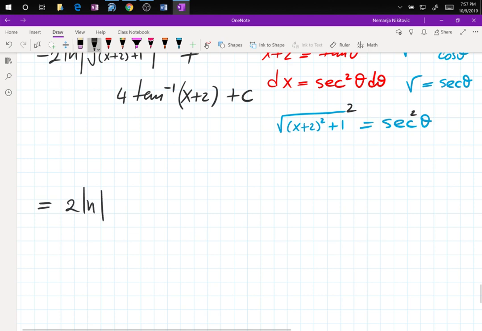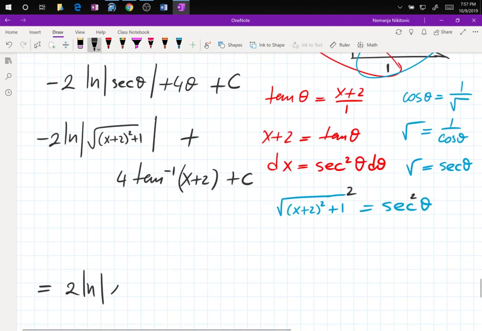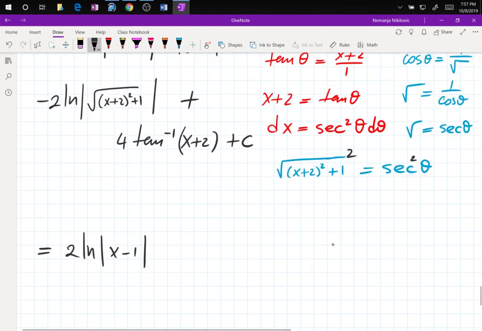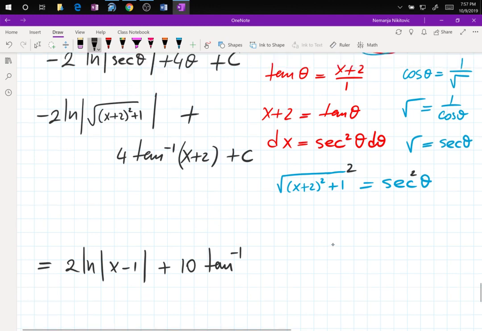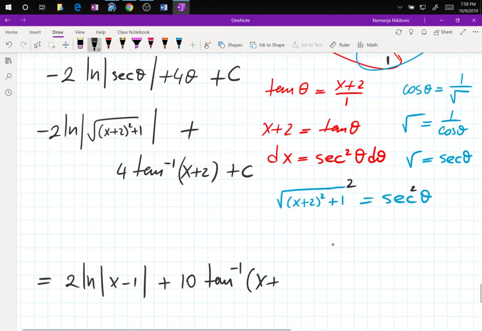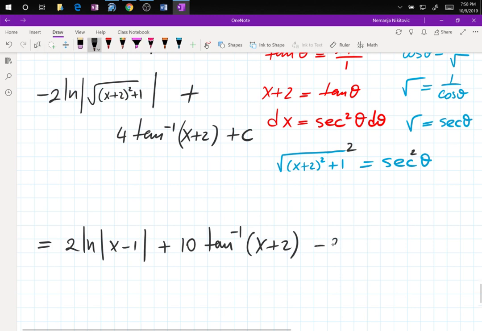2 ln absolute value of x minus 1 plus 10 tangent inverse of x plus 2. And now this is the other one. So now this solution: minus 2 ln of the square root of (x plus 2) squared plus 1.